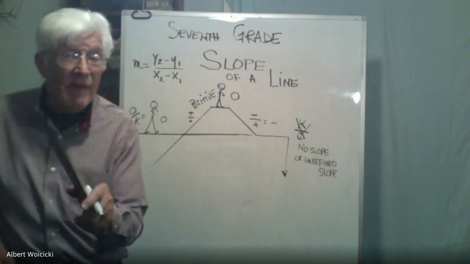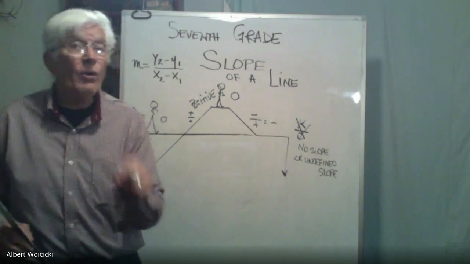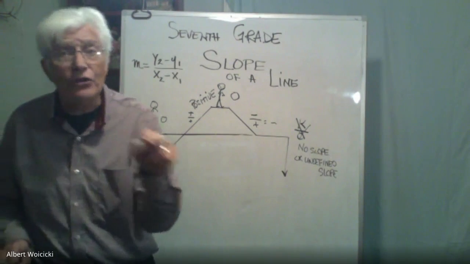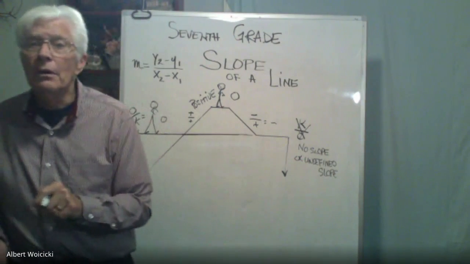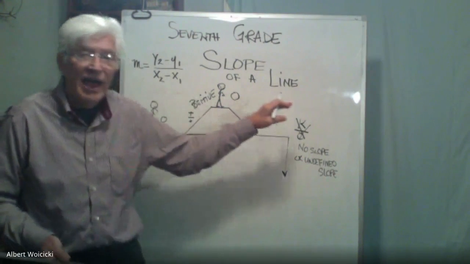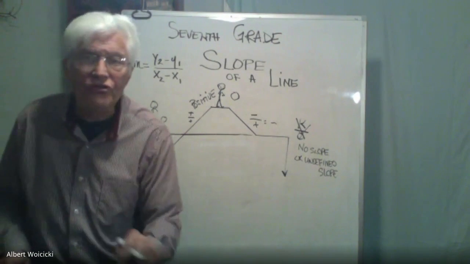Have them make sure they know that slope being 0 is okay because it's a value. 0 is a value. It's a number on the number line. It's an integer. It counts.